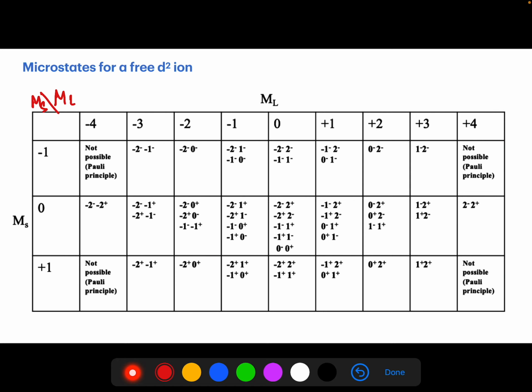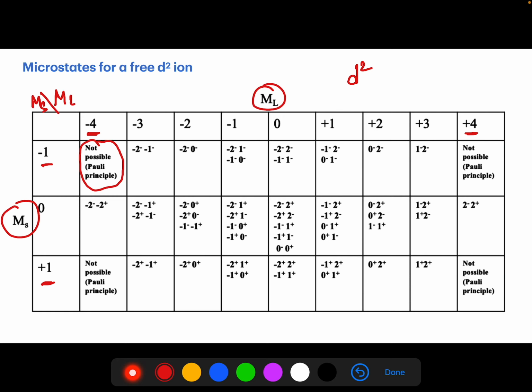Here, to define the columns I am using ml, and to define the rows I am using ms. So for d2 we have ml going from plus 4 to minus 4, and ms from minus 1 to plus 1.